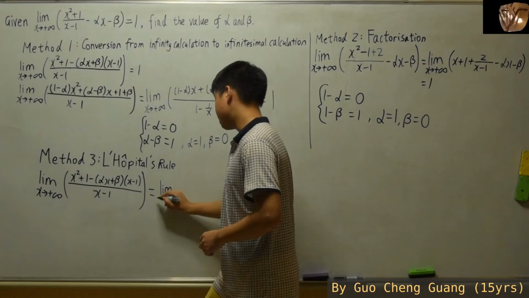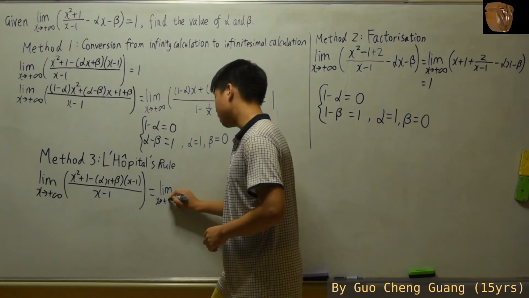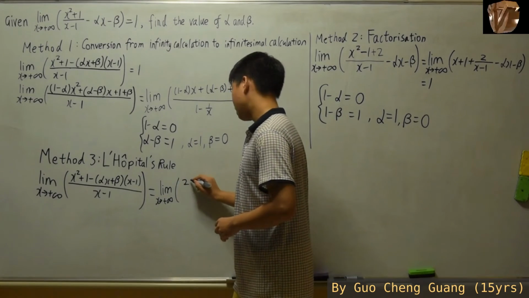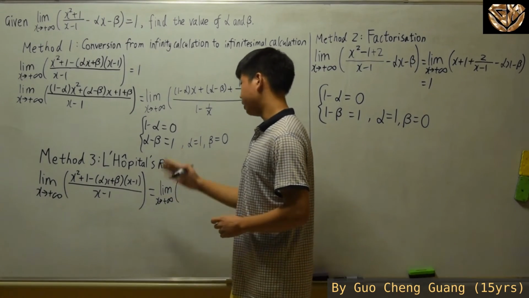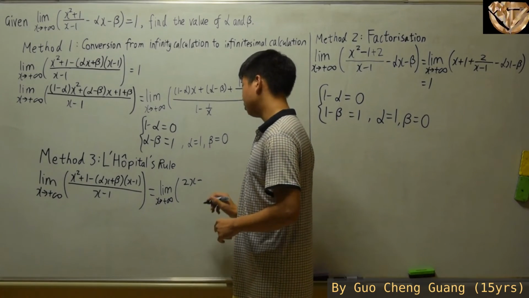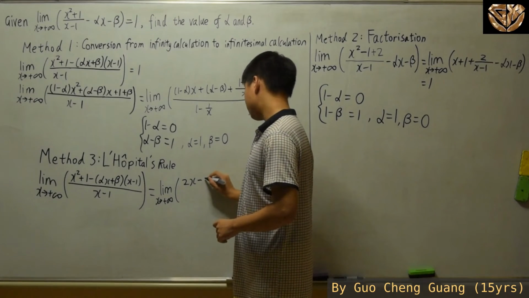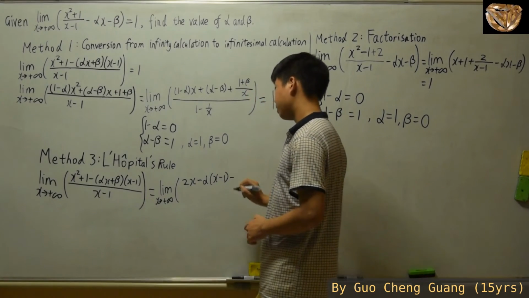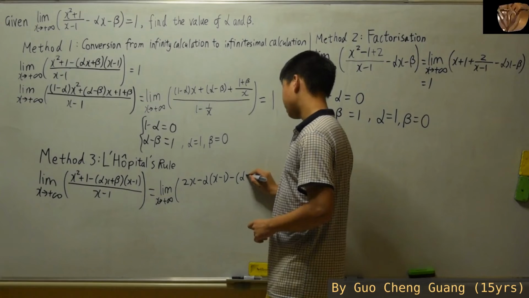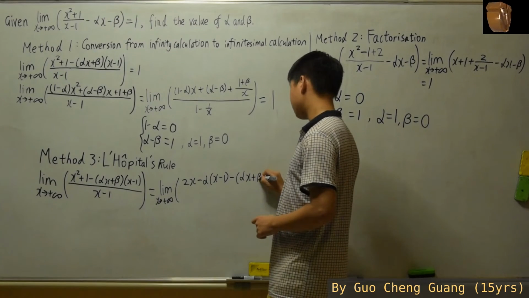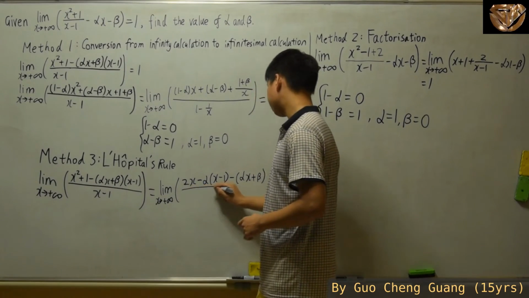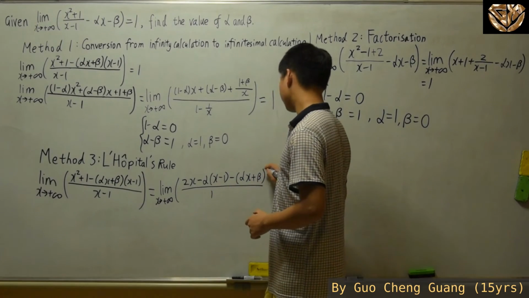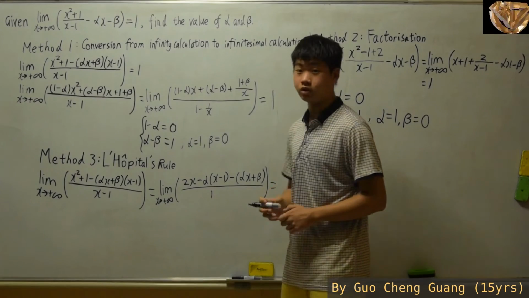Well, when you differentiate both numerator and denominator, what you're going to have in the numerator is 2x, then since 1 is just gone, so minus alpha x minus 1, then minus alpha x plus beta. So this will be divided by 1, which technically, if you already saw it, you don't need to write.